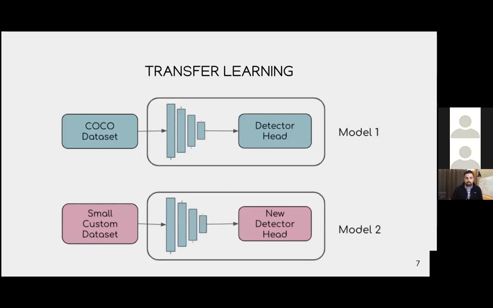For this project, we'll use the convolutional neural network, what we call the backbone, as is from the original model, and we'll just retrain a new head for the second model, specific to our 6 classes. Utilizing this pre-trained convolutional neural network reduces the training time from days to hours, and it also reduces the size of the data set that we need to get reasonable results.